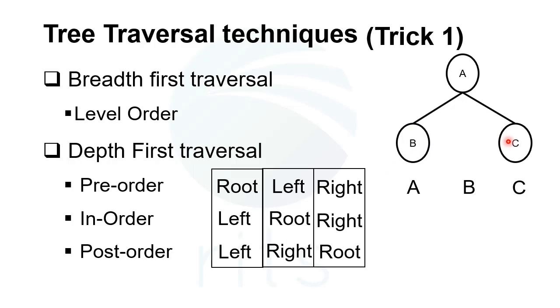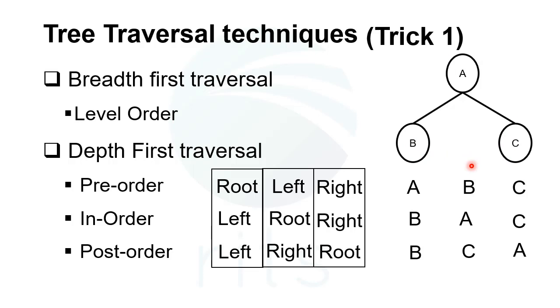This is the left, this is the root, and this is the right subtree. So the final output becomes B, A, C. And in case of post-order traversal, we know the order of traversal is left, right, and then root. So it becomes B, C, A. Now we have applied our traversal techniques on a three-node tree.